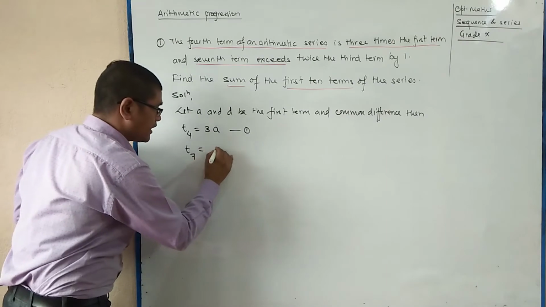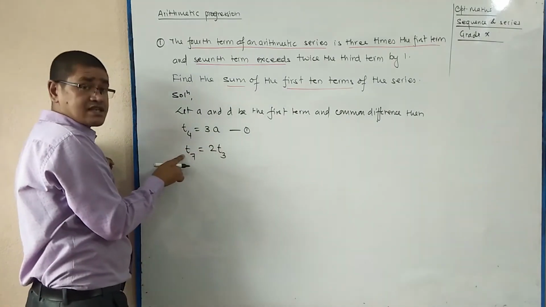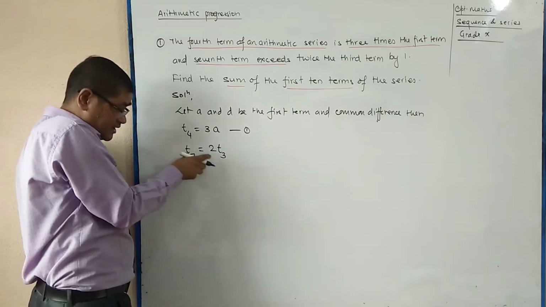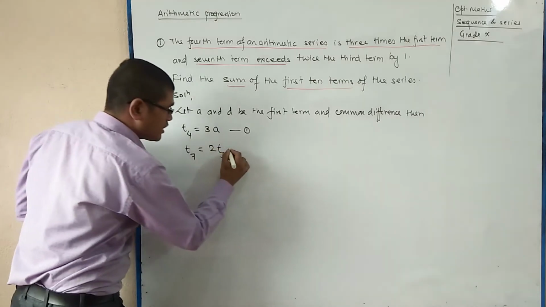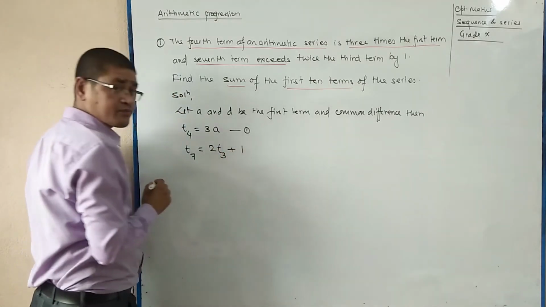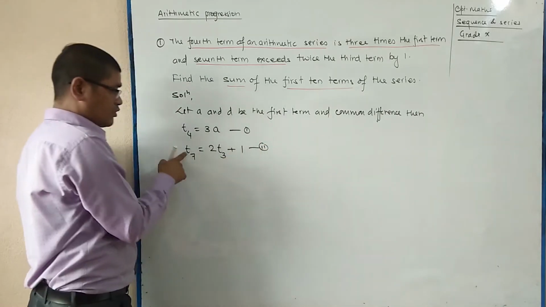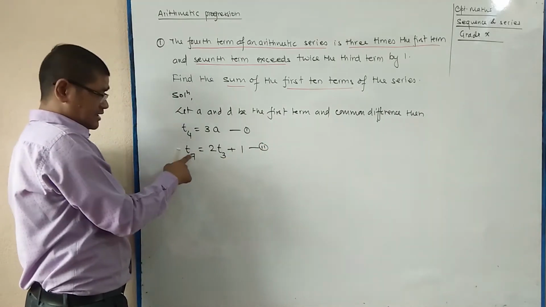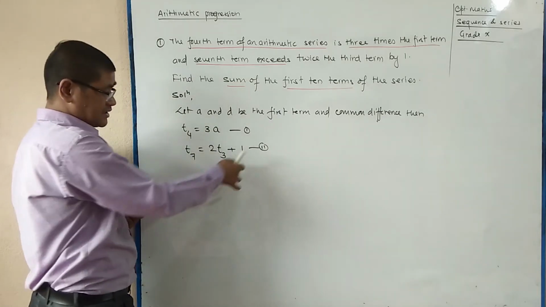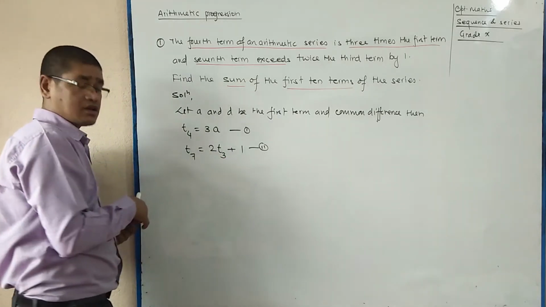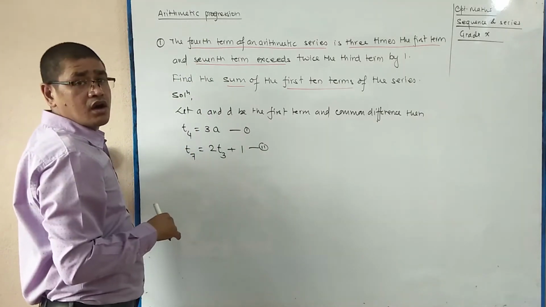If you multiply the third term by 2, then this T7 still exceeds by 1. So if we add 1 here, then this equation will be balanced. Or we can subtract: T7 minus 1 equals 2 times T3. Means this plus 1 is coming to this side. Anyway, these are the two equations according to the given question.